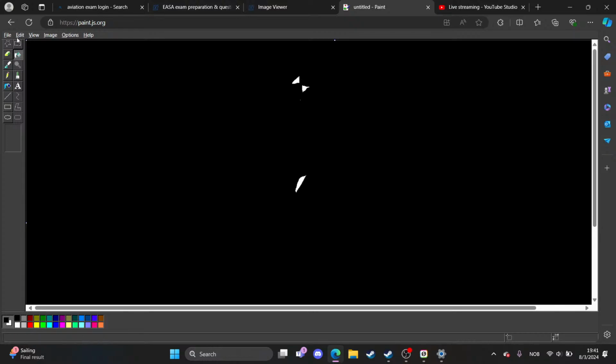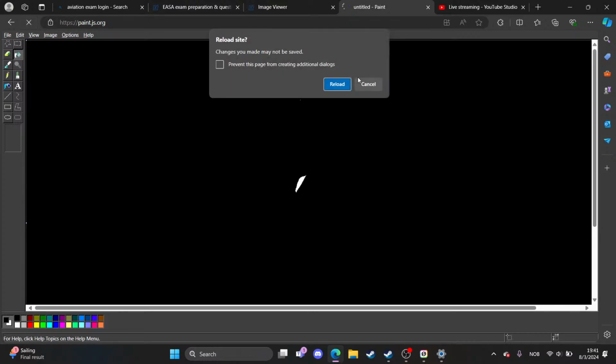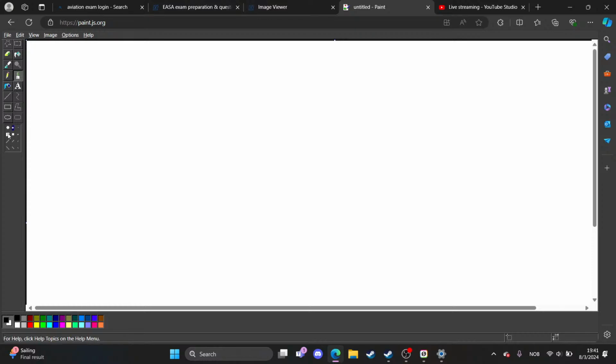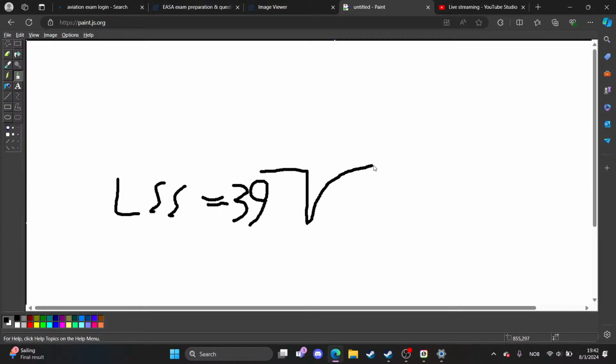Oh my god. Let's try this again. Local speed of sound equals 39, that's better, times square root of 273 plus Celsius.